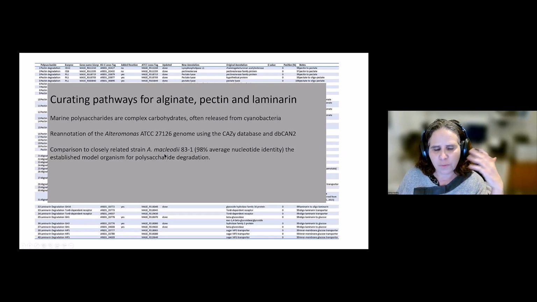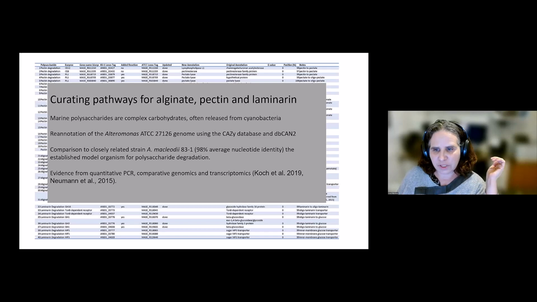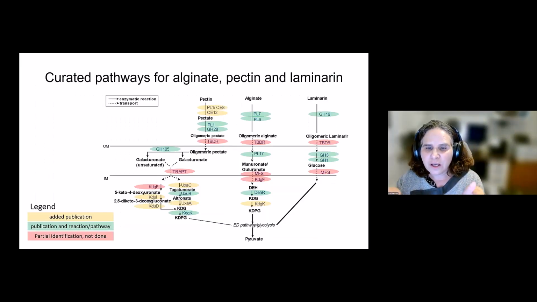Then we compared to A-McLeod 83. Basically, this Alteromonas strain is the model organism for polysaccharide degradation. And then we did the curation using evidence from existing research that did qPCR, comparative genomics, and transcriptomics. As a result, we got these reconstructed pathways.